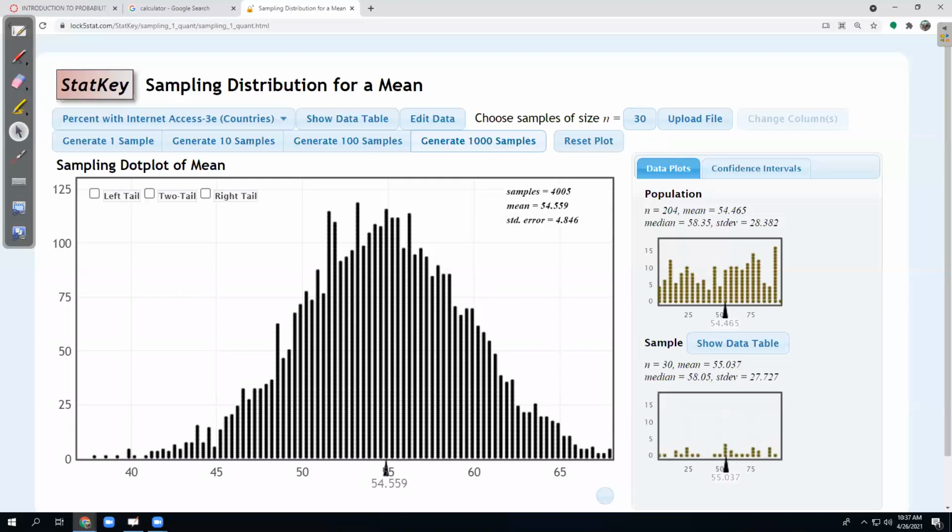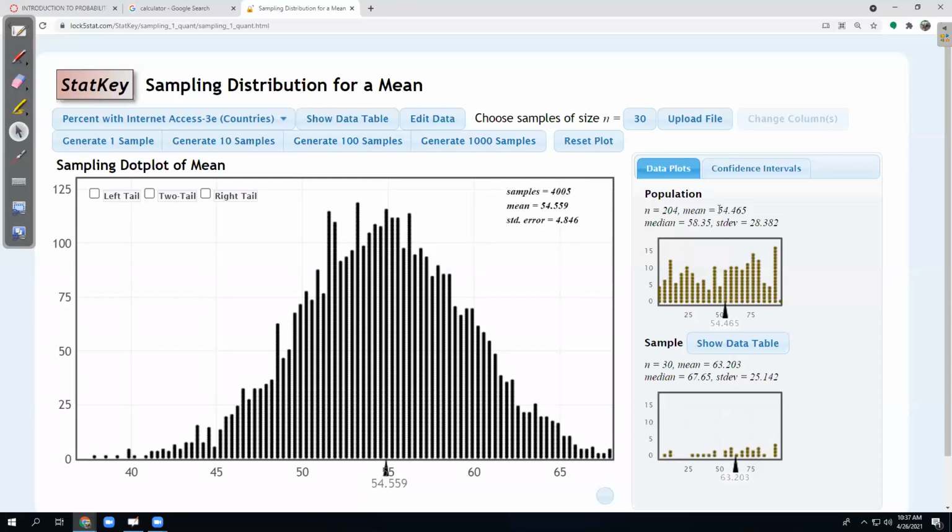And the other big thing is that the average of the distribution, that middle that StatKey is giving me here, should be pretty darn close to the actual population mean. In this case, my 4,005 samples, each of size 30, averaged out to be about 54.559.